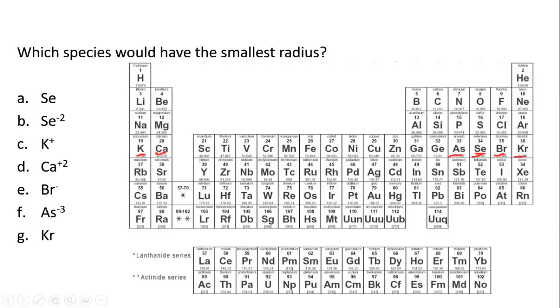So these aren't all isoelectronic, but what you notice is that potassium K+ and calcium 2+ have 18 electrons, whereas arsenide, selenide, bromide, and krypton have 36. So between potassium and calcium, these are isoelectronic. So which one would have the smallest radius? It would be calcium because it has a greater positive charge. Because again, calcium 2+ and potassium are isoelectronic.